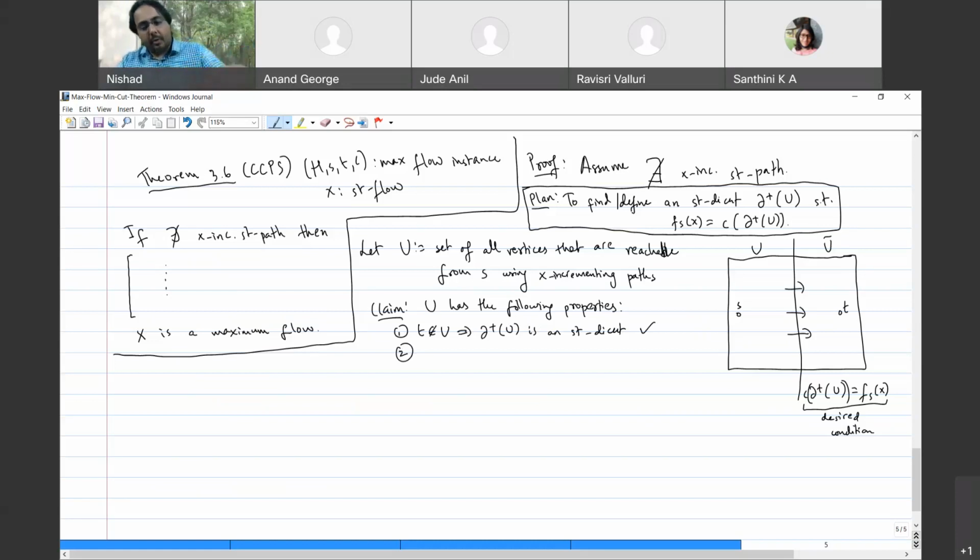I claim that each arc in partial plus of U is at full capacity, what I mean is that xe is equal to ce. And I claim that each arc in the opposite direction, so arcs in partial minus of U, are at 0 x value, that is, xe is equal to 0.